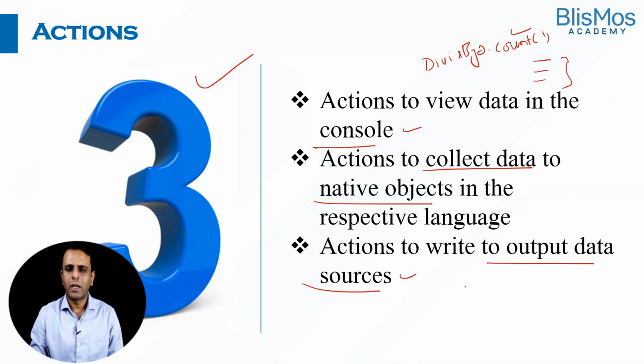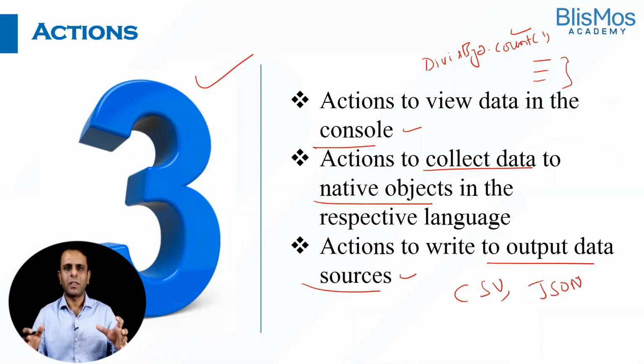What are the data sources? Data sources may be CSV file or JSON files. Why do we really need to write to the data sources? Assuming that in a previous example, our original data frame was my range, which had some 10 records.